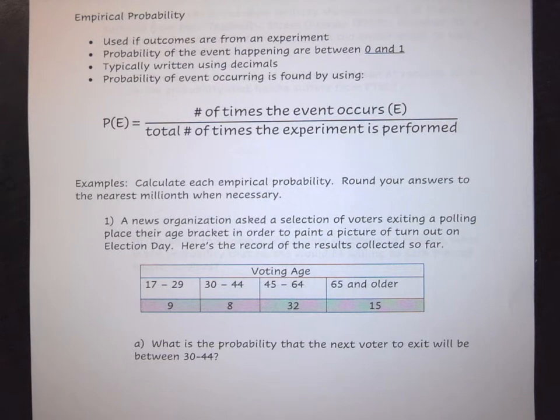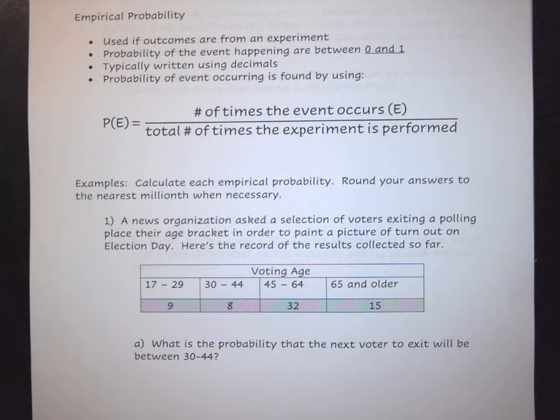The difference is we use empirical probability when we are talking about things like voter polls, grades, magazine polling, anything where we are talking about either a real life outcome or a specific event where we're using an experiment instead of a sample space.